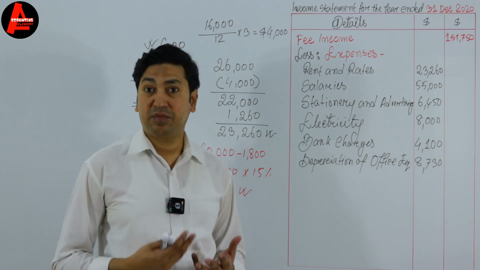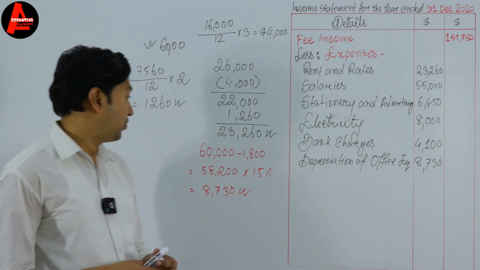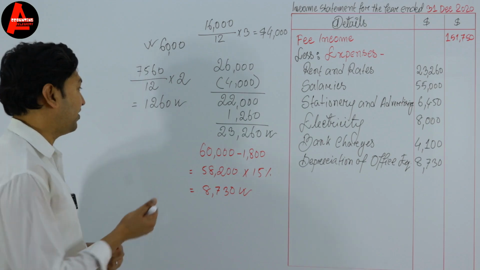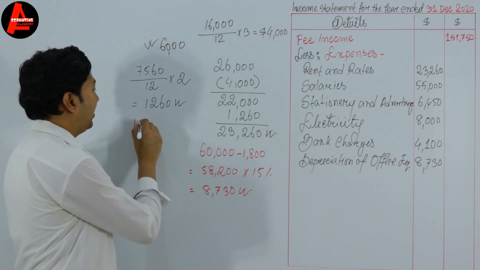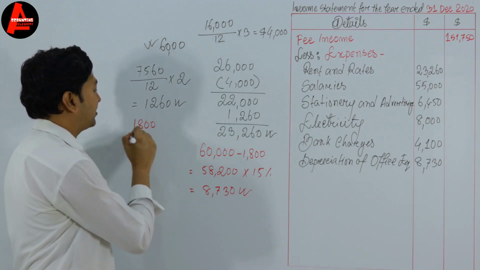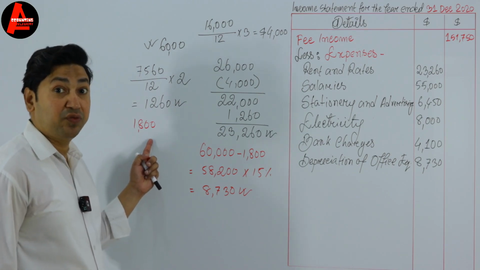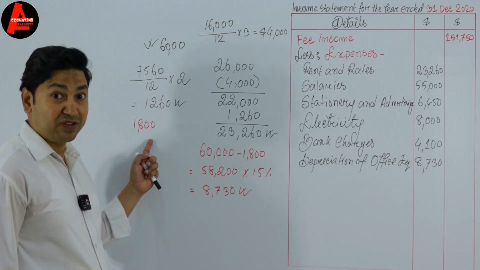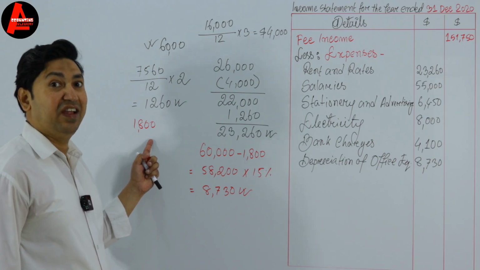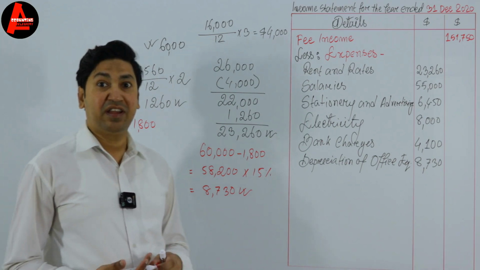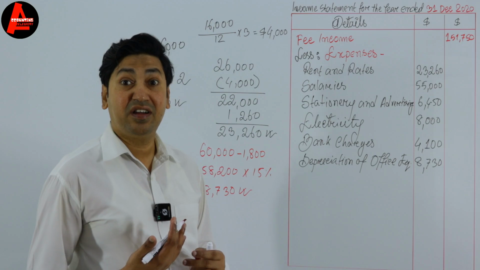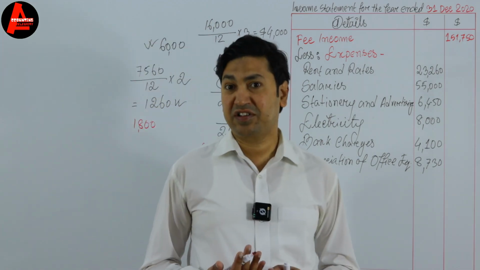Okay, the cost price of the disposed asset was $1,800. It is given in the question. So this asset we sold for $1,000. So now how do we calculate loss or gain on the disposal of a non-current asset?